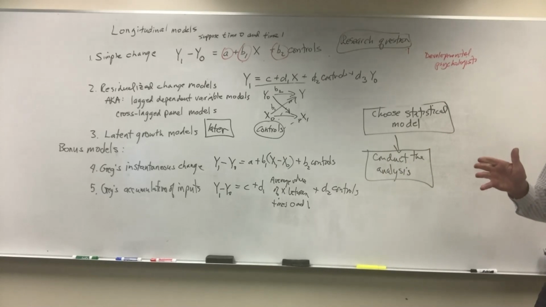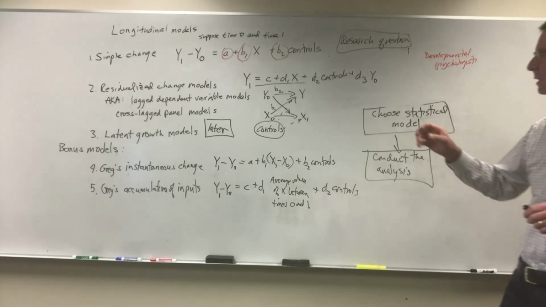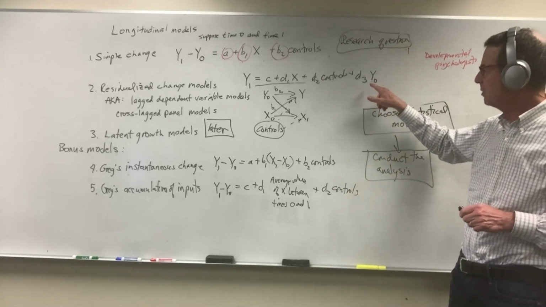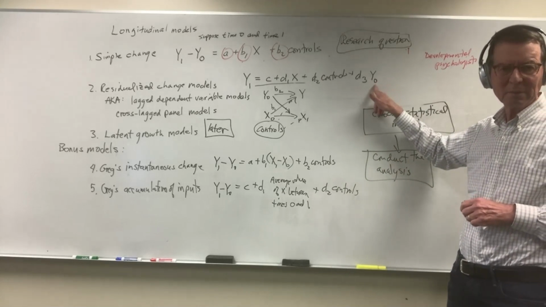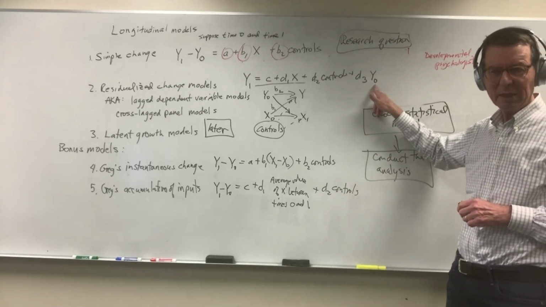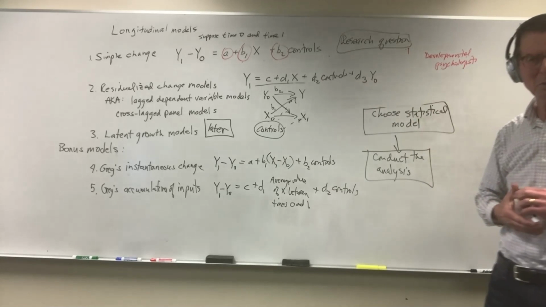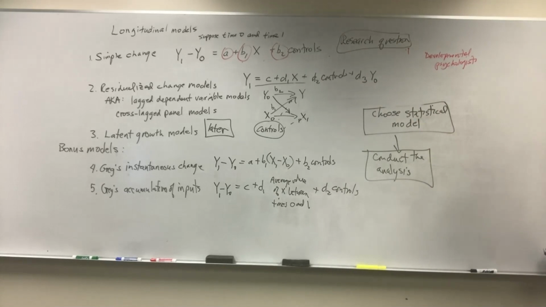Now, that's not to say that maybe the model you're estimating makes the most sense if you put Y0 on the right-hand side and allow its coefficient to be estimated. There may be conceptual models where that is the most appropriate.